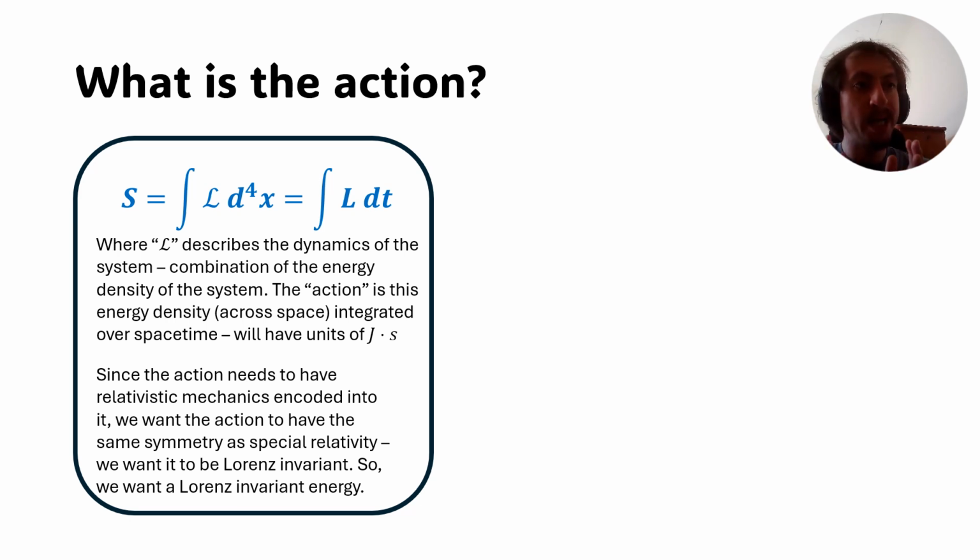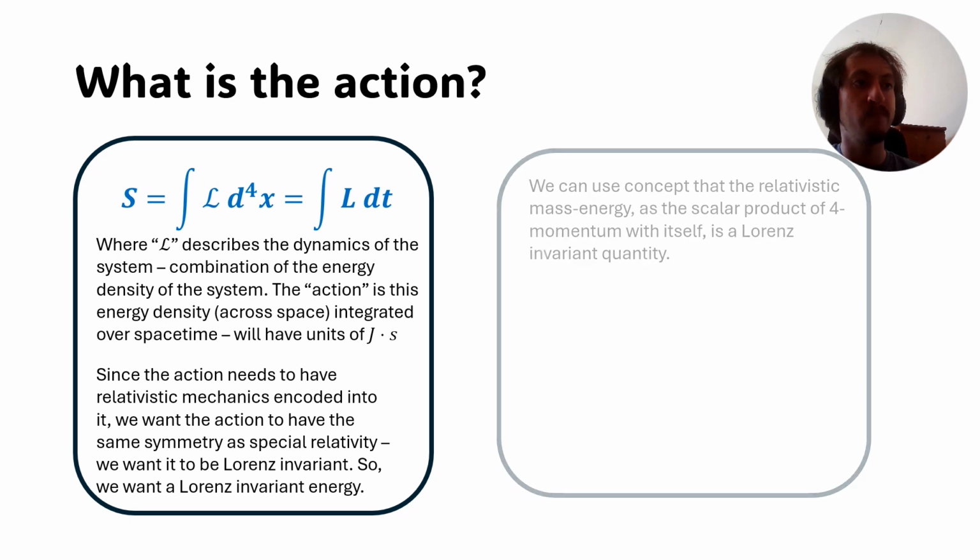So we would like the action to have units of joule seconds, and we would like it to be Lorentz invariant, and the simplest way of satisfying both of these things is if we pick an energy which is a Lorentz invariant, a time that is a Lorentz invariant, and we combine them together by multiplying them to get the action.